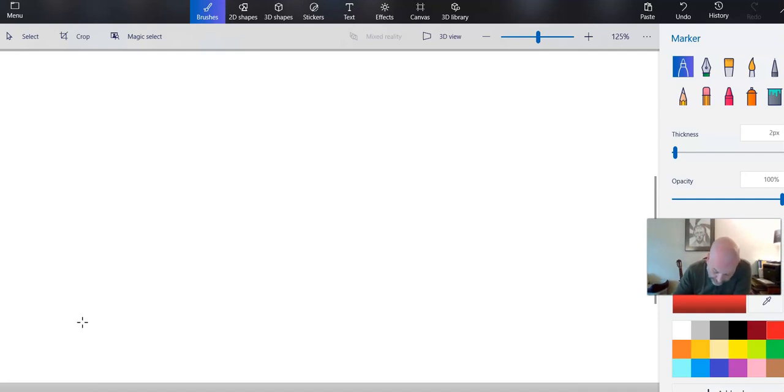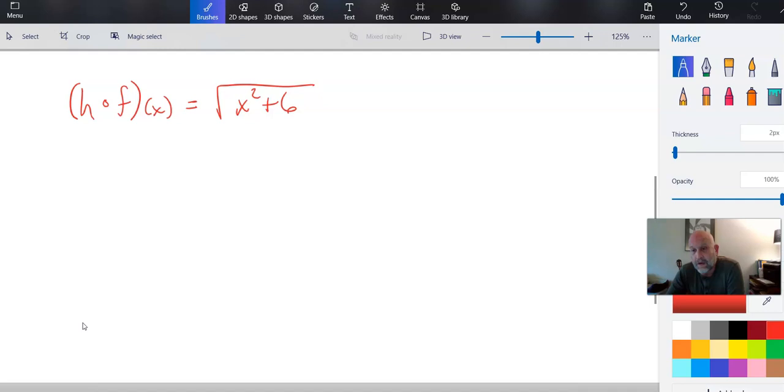So if I'm given a composition of functions, let's say h composed with f of x is equal to the square root of x squared plus 6, what we want to do is find a function h and a function f so that when I compose them this way, this is what I get. So we're trying to figure out what was composed to get here.